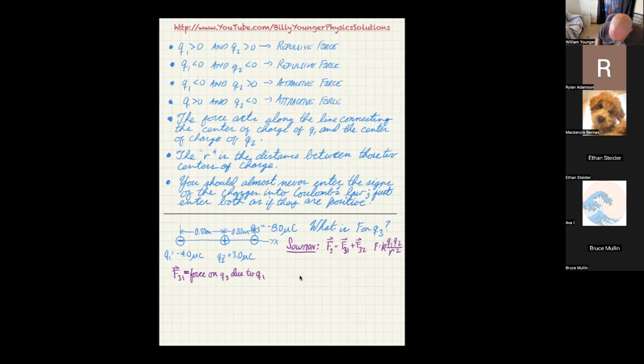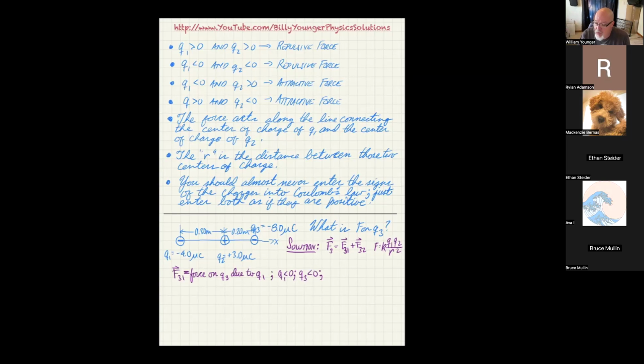Now, what I see is Q1 and Q3 are both negative. So does that mean it's a repulsive force or an attractive force? No one typed an answer on that one.